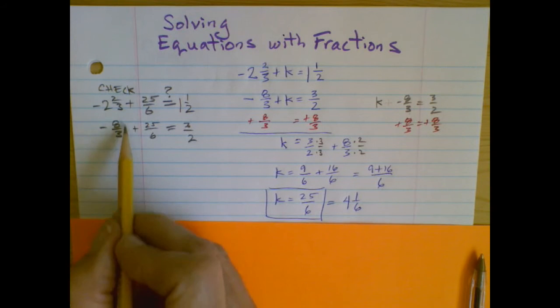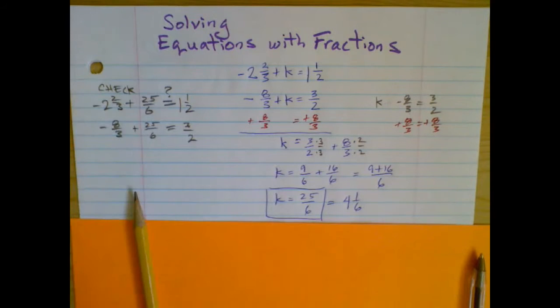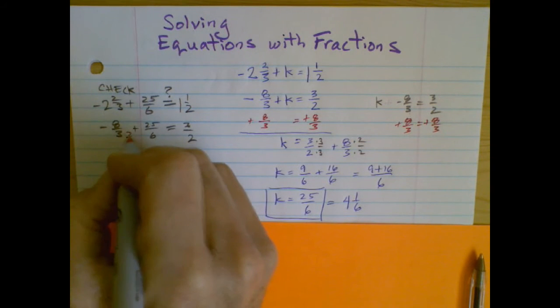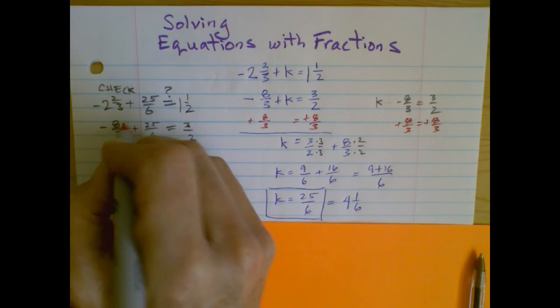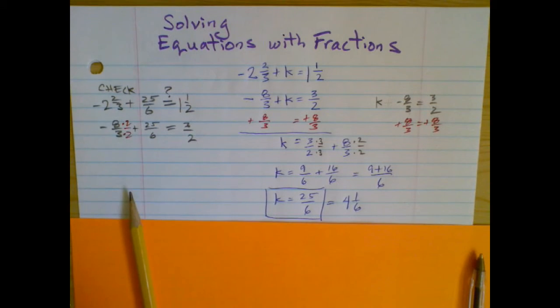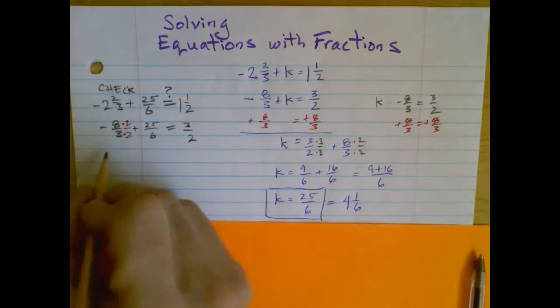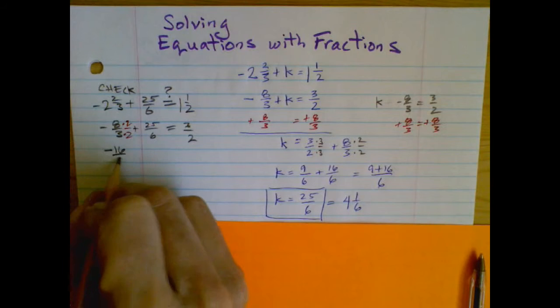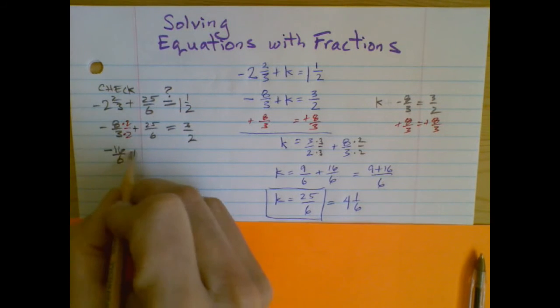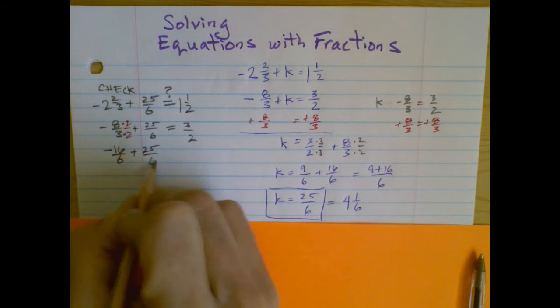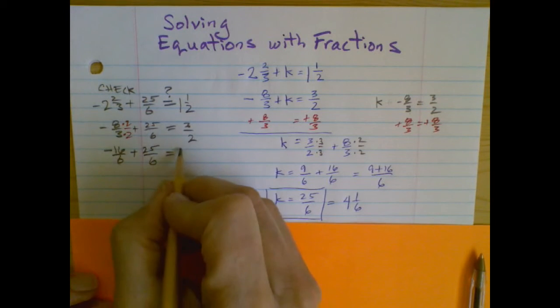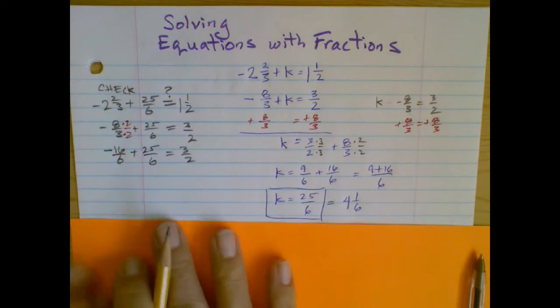To do that, we have to make these have the same denominator, and we'll do that by multiplying top and bottom by 2, which I'll write in red here. So now we have negative 16/6 plus 25/6. Again, I'm asking, does that equal 3 halves?